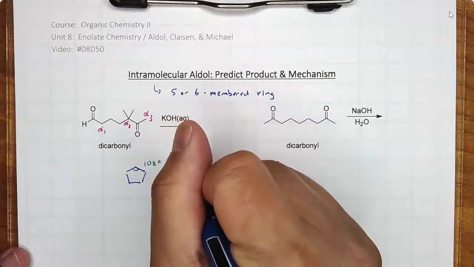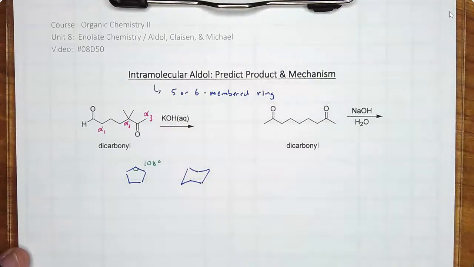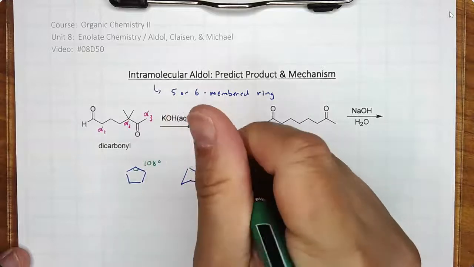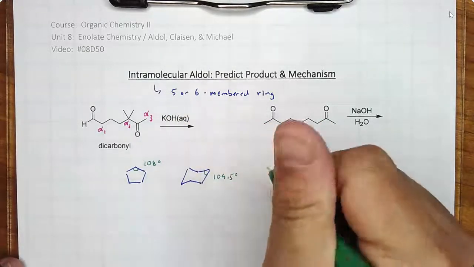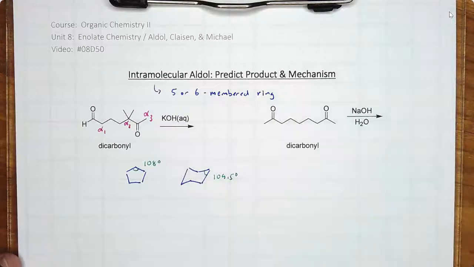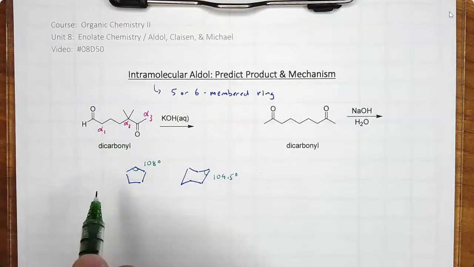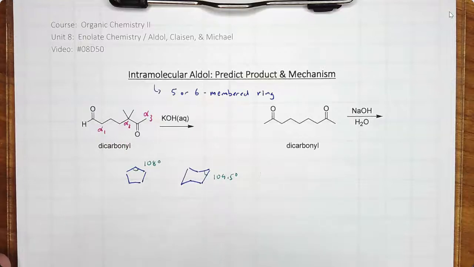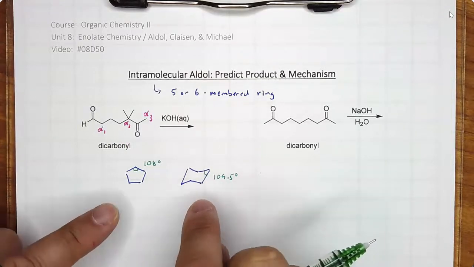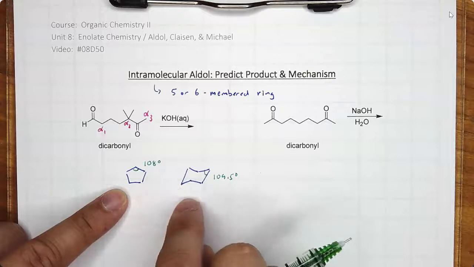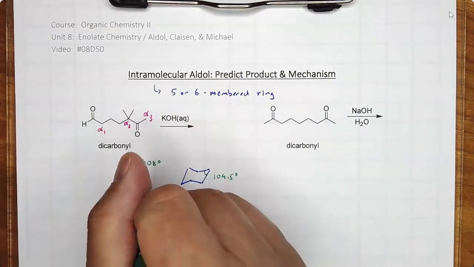When you make a 6-membered ring, if you put it in the chair conformation, that angle should be very, very close to 109.5 degrees. So again, very little angle strain. What that means is that as this molecule is twisting and rotating in solution, it is more likely to have the right conformation to make a 5-membered ring or a 6-membered ring than potentially a 3-membered ring.